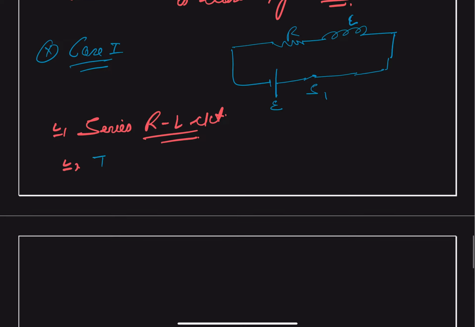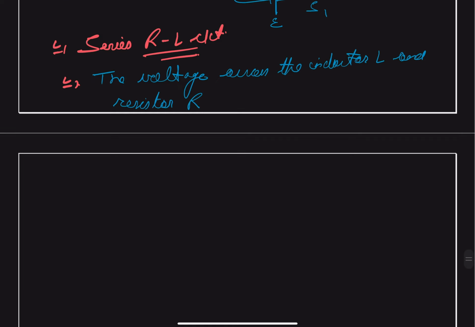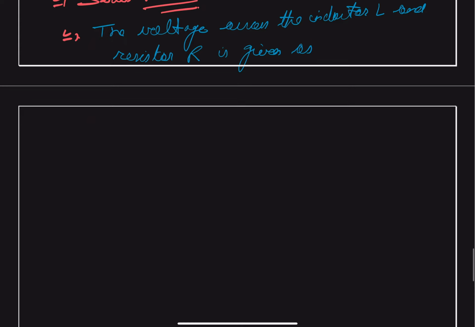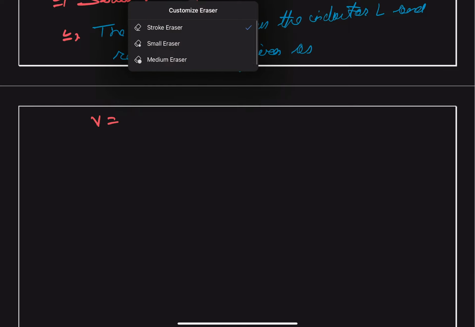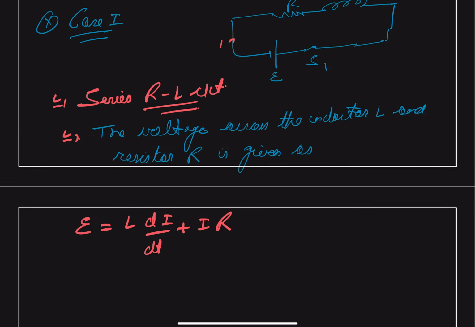The voltage across the inductor L and resistor R is given as E equal to L di upon dt plus I multiplied by R, where this I is the current flowing in the circuit.